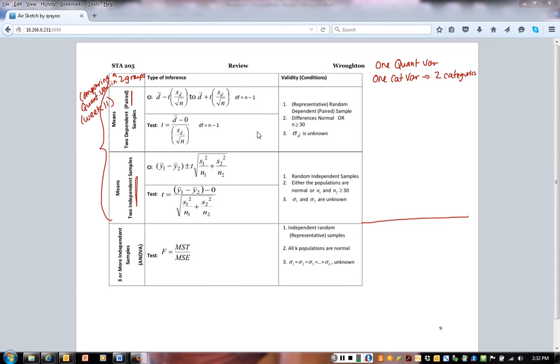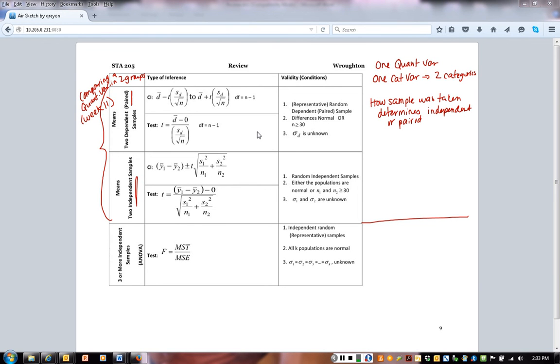Then I actually have to go to the sample. How the sample was taken determines if you're independent or paired. No matter what, whether you're independent or paired, the goal is always comparing things.